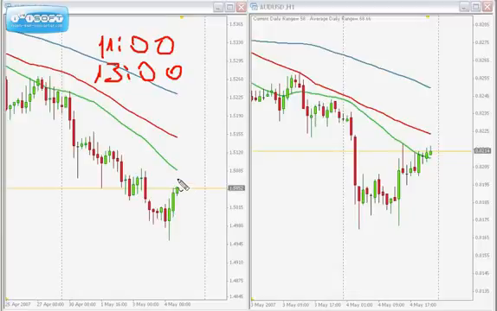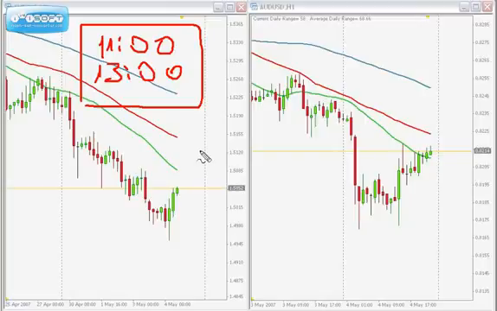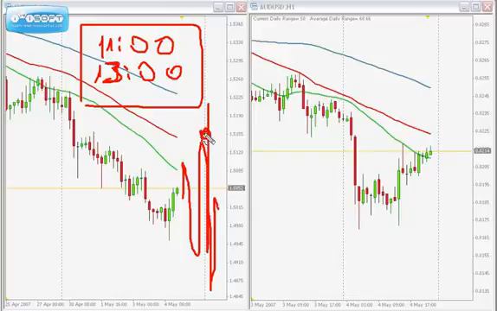If my system gives me an entry signal within this time span, based on technical analysis, even if it's a valid entry from a technical point of view, I'm not gonna take it, because I know that at 1 p.m., no matter how solid my technical entry might be, some random spikes may stop me out, and there is nothing I can do about it.